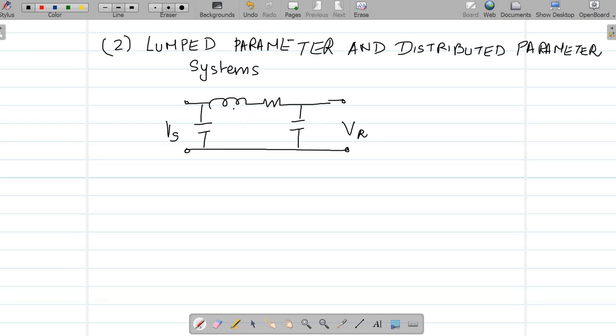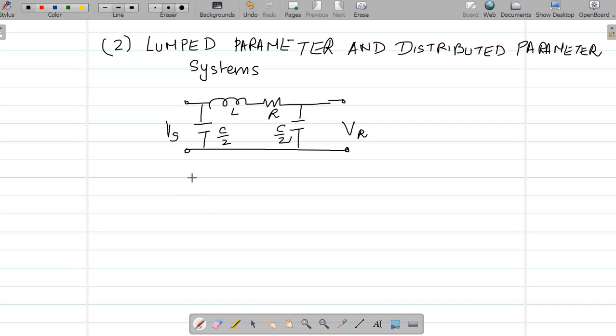This is how the transmission line is modeled. So the total capacitance is C. This is known as a lumped parameter model because there will be inductance throughout the line, and we consider the total inductance as just one single inductance. That is the reason why we call it a lumped parameter.